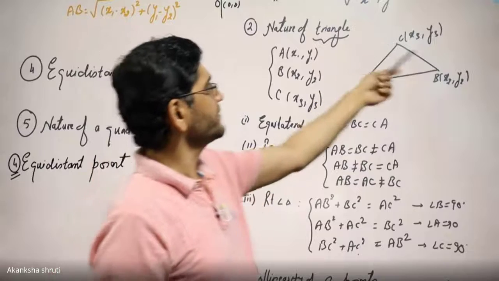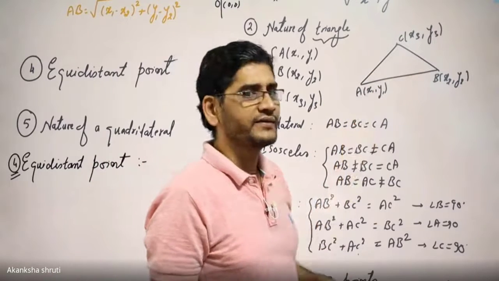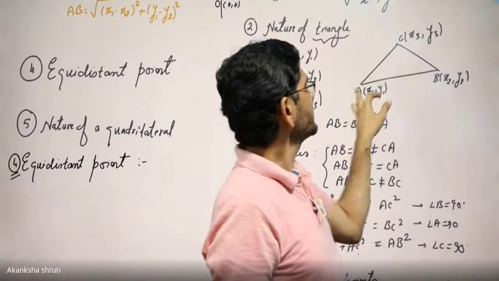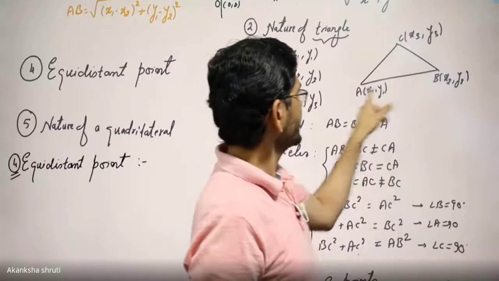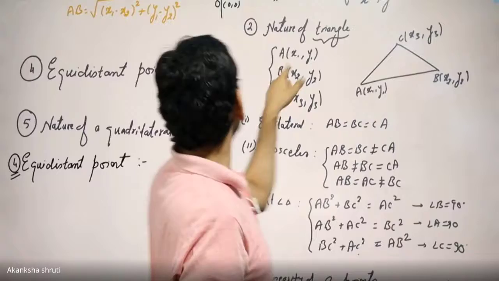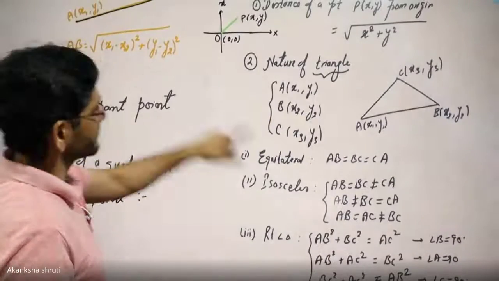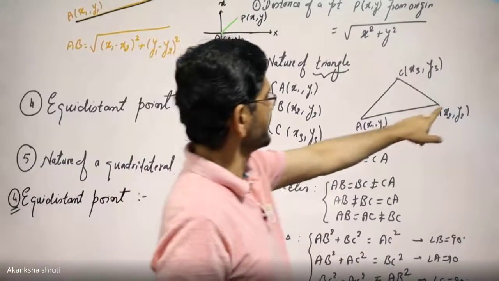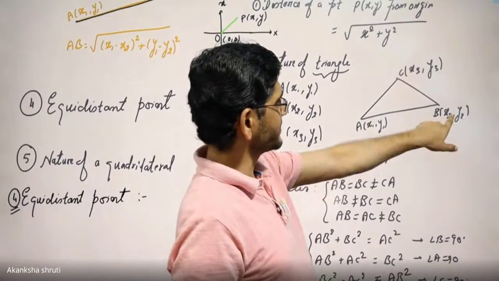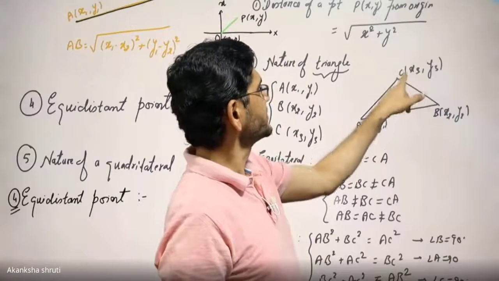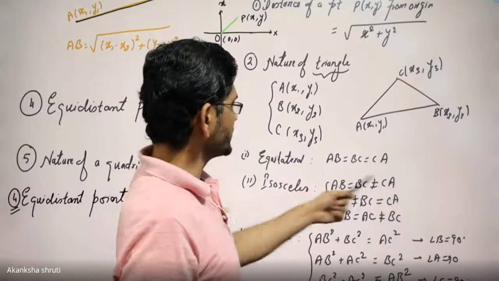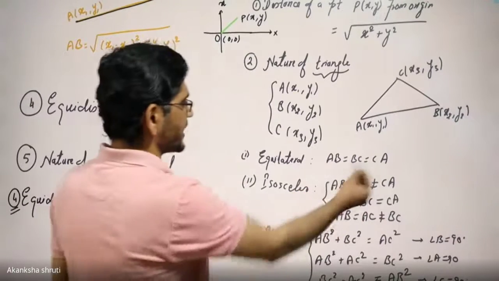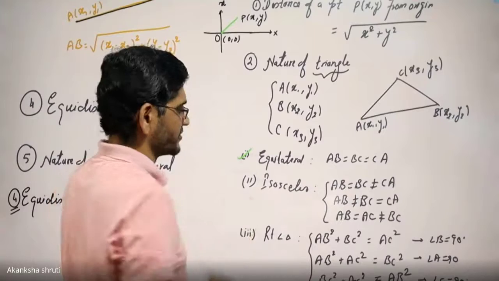Then this triangle will be equilateral provided the length AB equals BC equals CA. This length AB can be calculated by using the distance formula first. Similarly, BC can be calculated by considering the coordinates of B and C, and similarly CA. If this condition is satisfied, meaning all three sides are equal, it becomes equilateral.